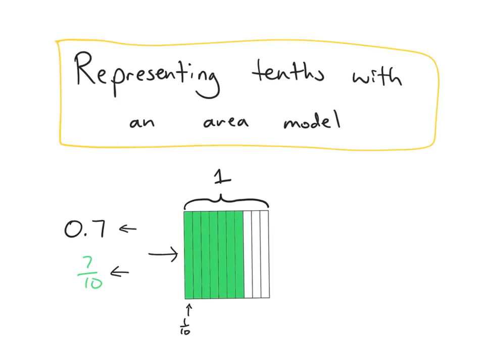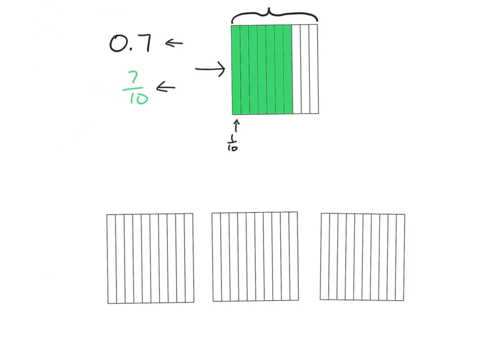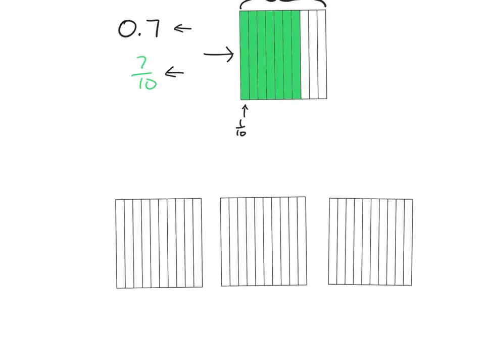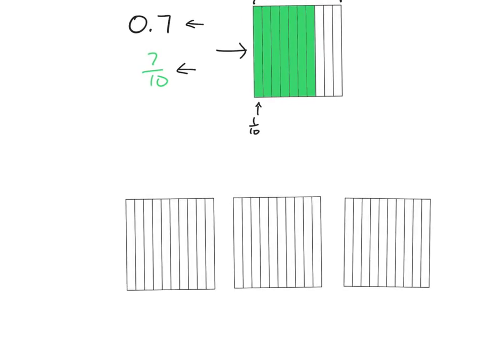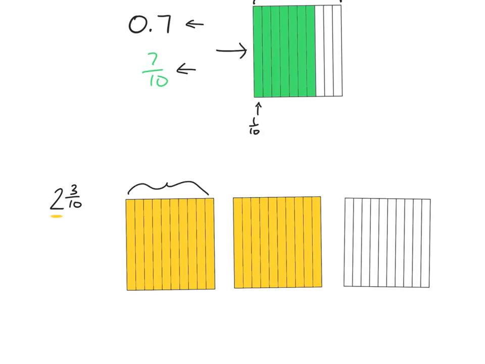The cool thing about the area model is we can actually represent numbers that are larger than 1. In this case, I'm going to show you how you would represent 2 3/10 using an area model. In order to do this, I need to represent 2 wholes using the area model. So I'm going to fill in 2 whole squares. There's 1 whole filled in, and there's 2 wholes.